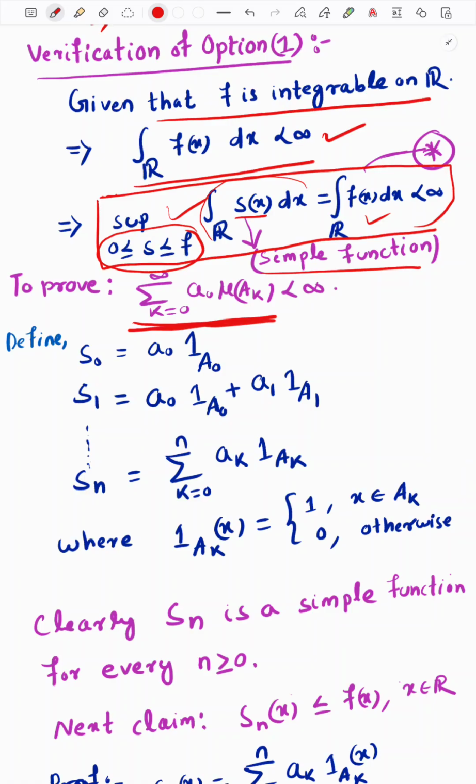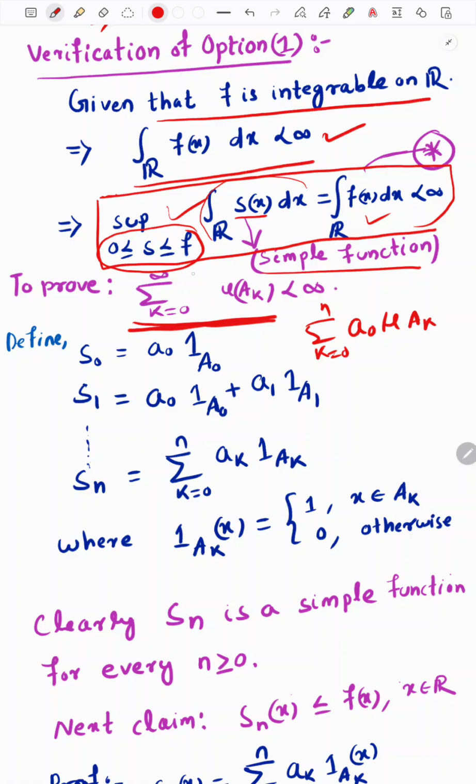We can show that the partial sum of the series is convergent. Partial sum means what? The sum over k from 0 to n of a_k times the measure of A_k. Let me write the whole thing: a_k mu of A_k.